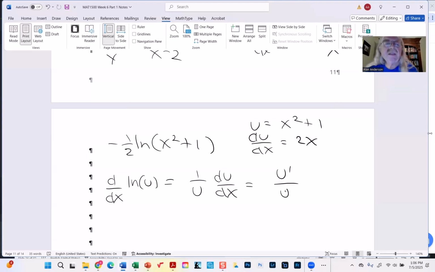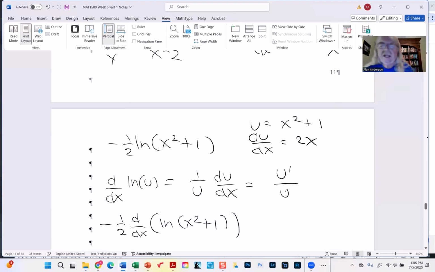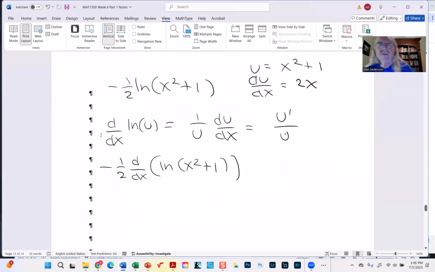So when I try to take the derivative here, I can factor out the negative 1/2.